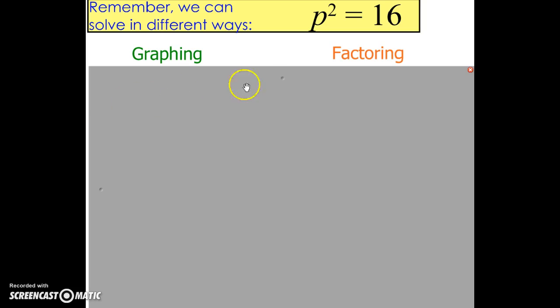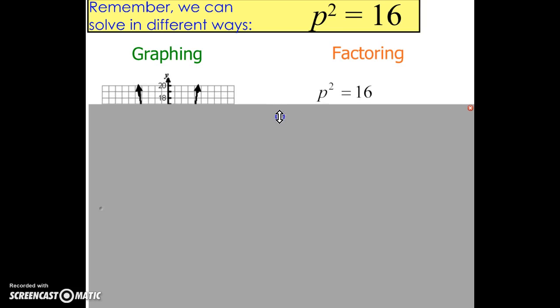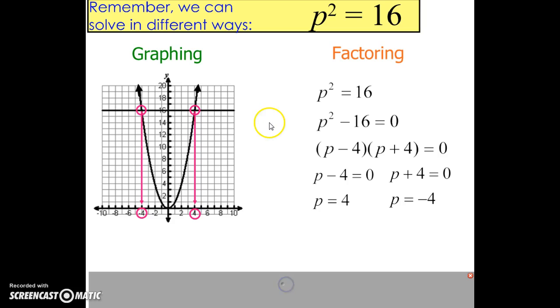As a quick reminder, the things that we already know how to solve are by graphing and by factoring. If I graph the equation p squared equals 16, I look for where the function equals 16, and that would be at -4 and 4, so those would be your solutions.